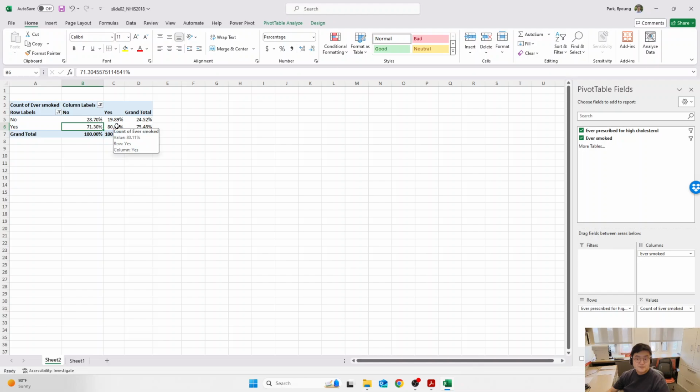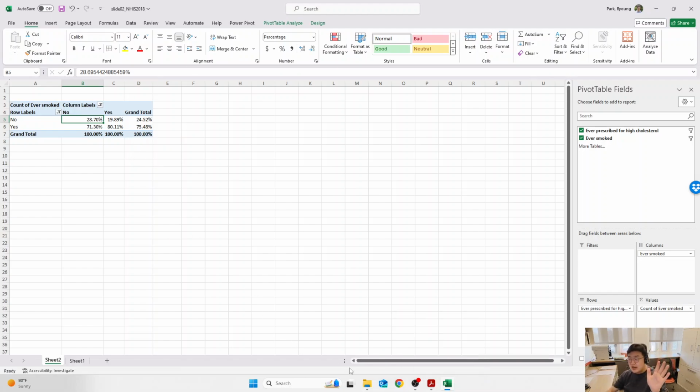So like this. This column includes those who have smoked before, and among them, only 19% has no high cholesterol problem, but more than 80% have high cholesterol. But those who have never smoked, like 70%, have high cholesterol, and 28% don't, right?